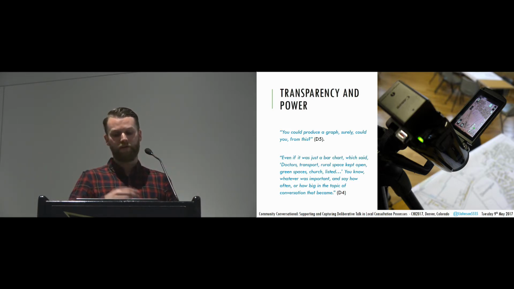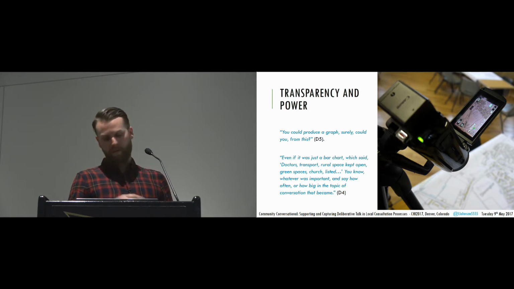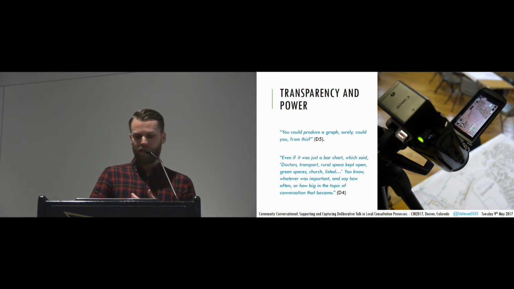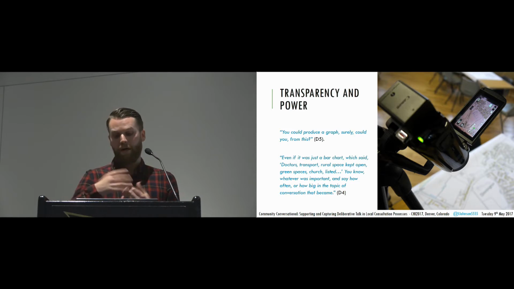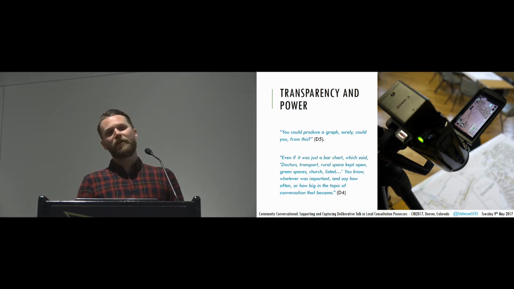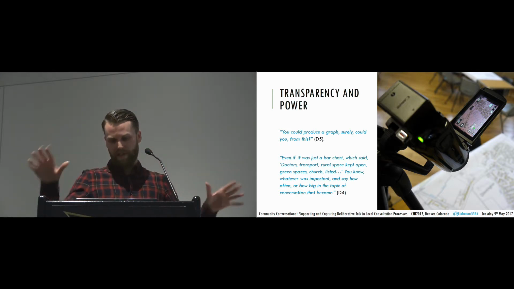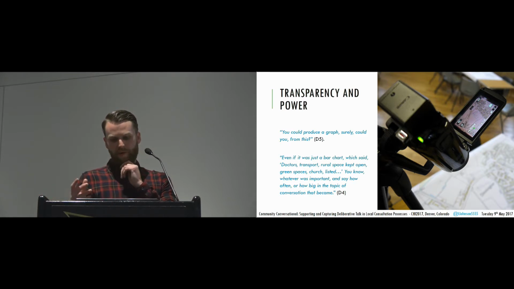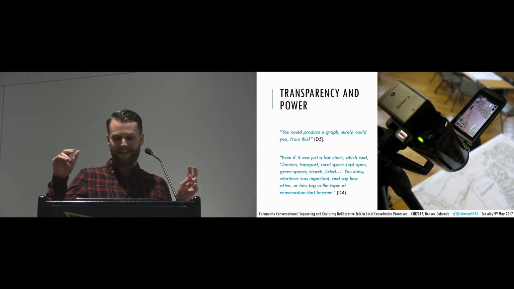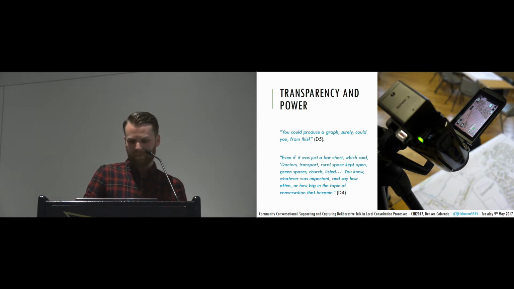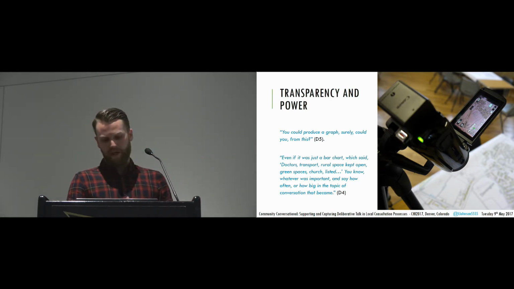So although some of the groups were encouraged by the open-ended nature of the conversations that the prompt cards encouraged, the decision-making groups didn't always appreciate this kind of richness. Despite showing them our online tool, they just kept asking us for much more simple visualizations of the data. We had this rich data from all these tables and all these residents, but they always just wanted it narrowed down as something they thought would be useful as evidence. As these quotes show here, they privilege really simple lists and statistics.